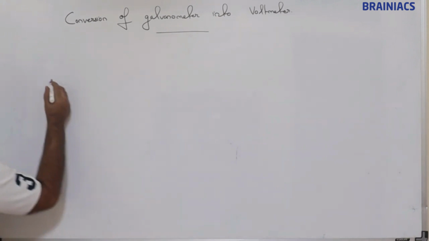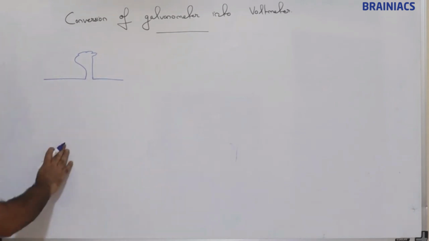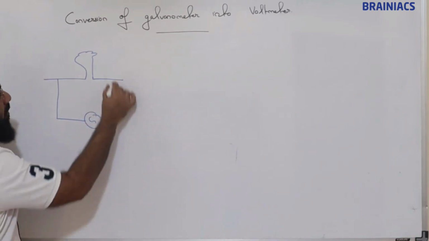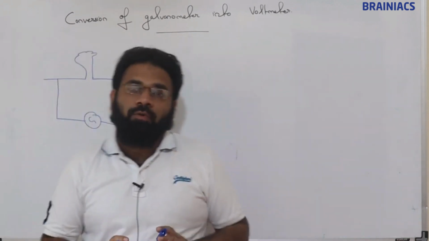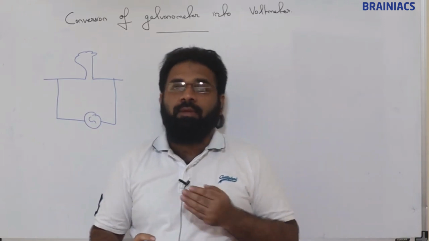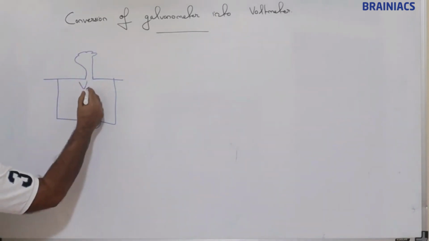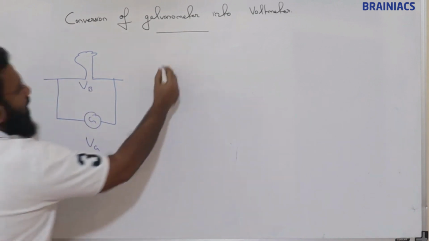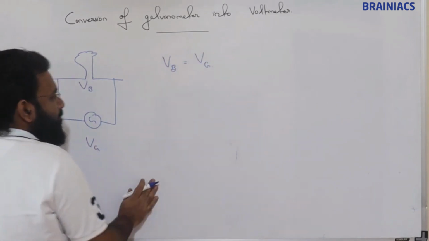Suppose say this is a bulb. So bulb is nothing but a resistance for us, and suppose we are connecting a galvanometer across a bulb. So when we connect galvanometer, you know we have a problem. There is a limitation in the amount of current that can be passed through galvanometer. Suppose the voltage across this bulb is this, voltage across galvanometer is this. So voltage across bulb will be equal to the voltage across galvanometer.